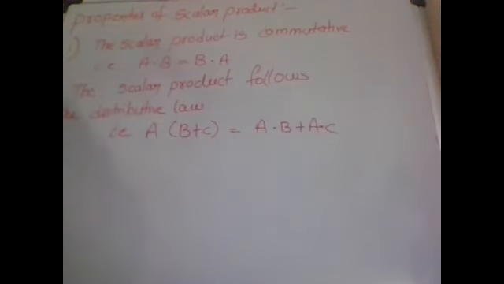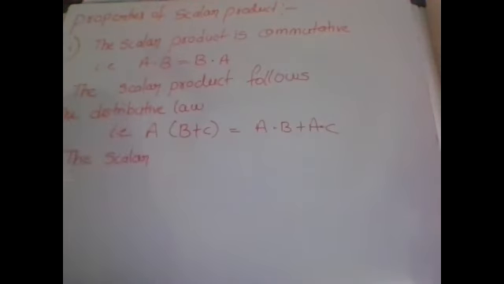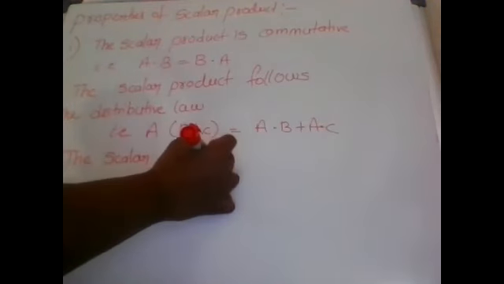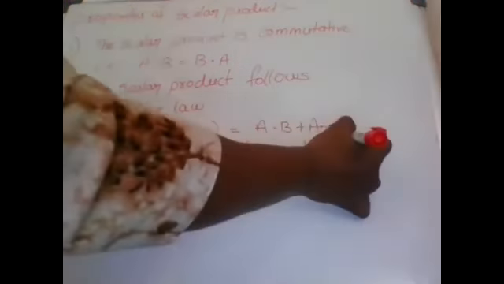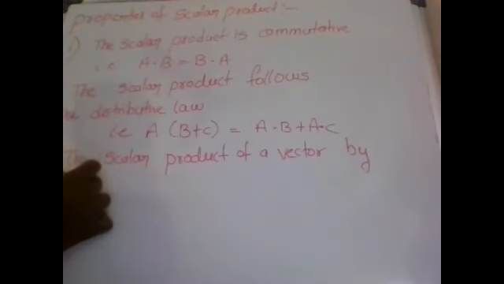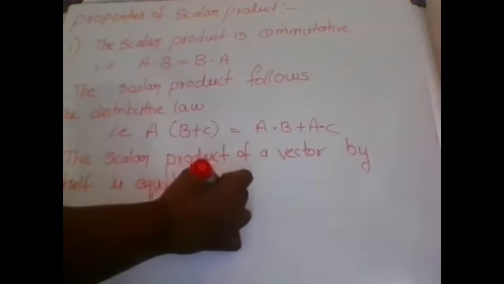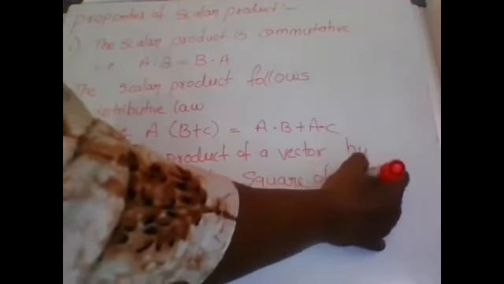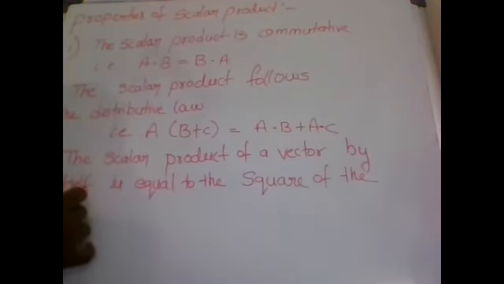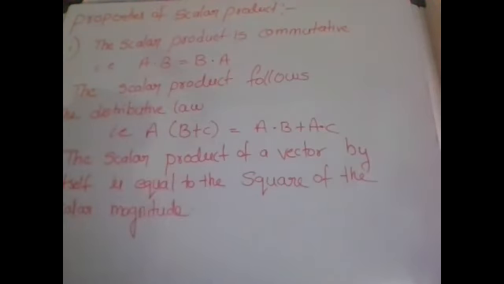And the third property: the scalar product of a vector by itself is equal to the square of the scalar magnitude.